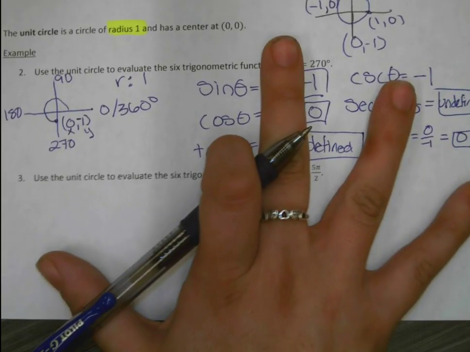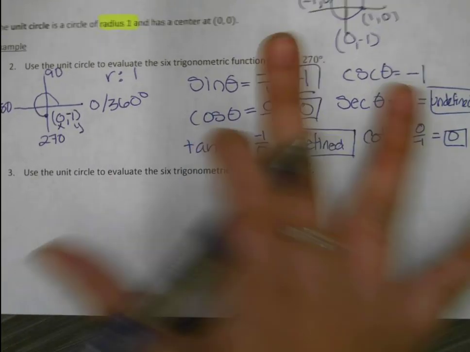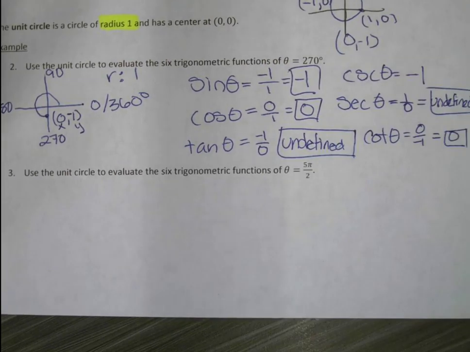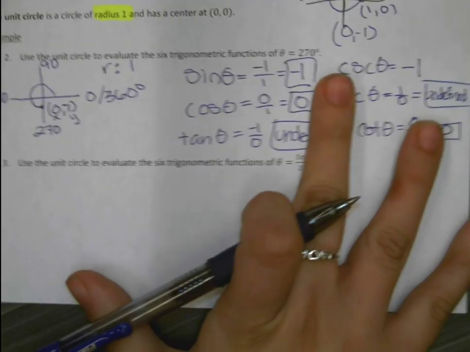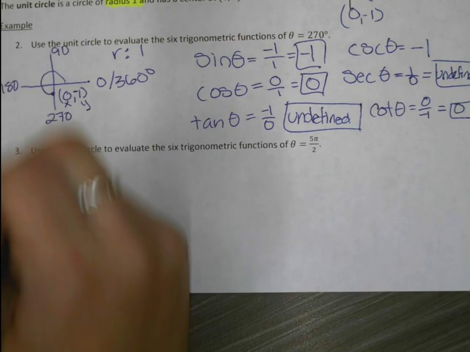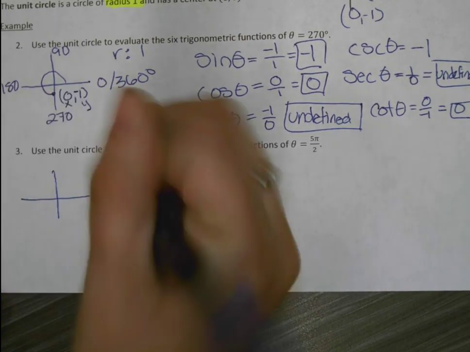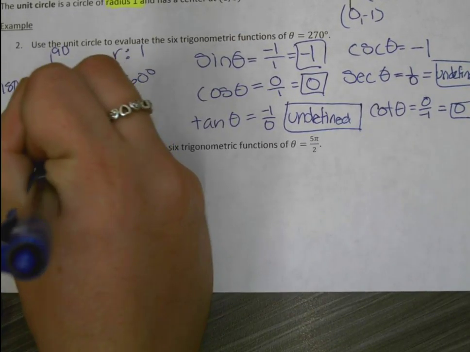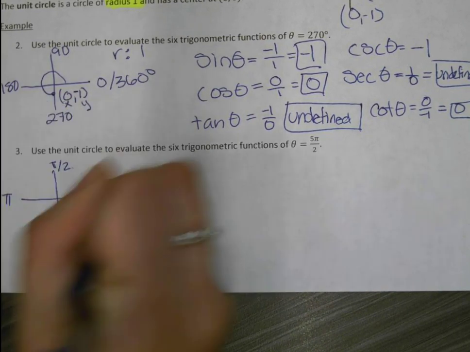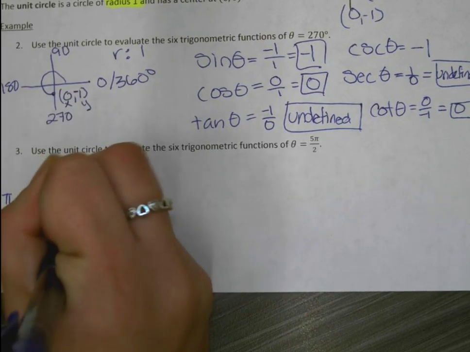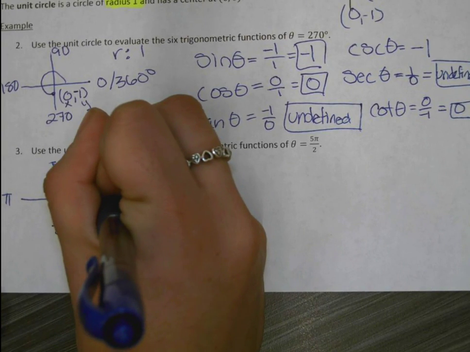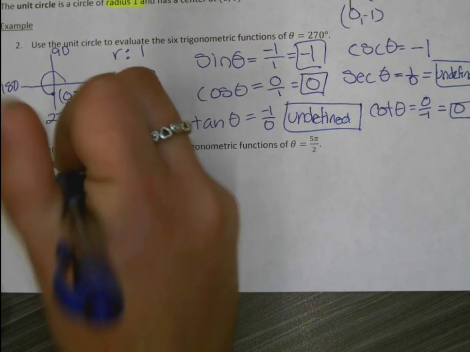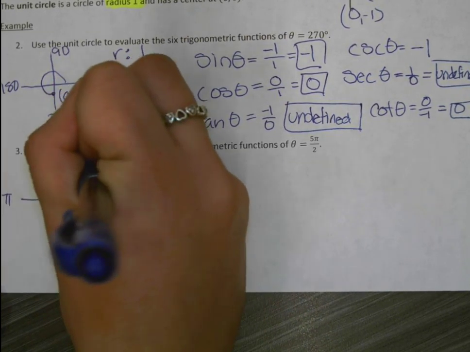Okay. So number 3, I'm gonna draw my circle again. This is 0, pi halves, pi, 3 pi halves, 2 pi, 5 pi halves.